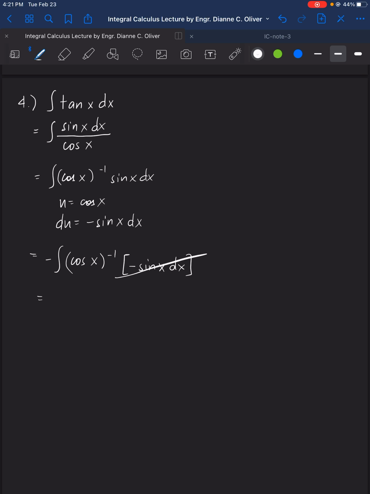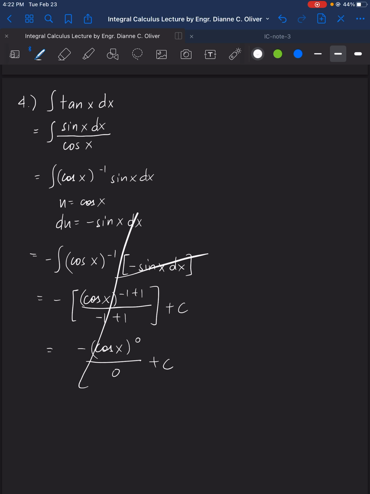What happens? Negative cosine x raised to negative 1 plus 1 over negative 1 plus 1, plus c. What happens here is it becomes negative cosine x raised to 0 over 0, plus c. No, we cannot use the power formula.